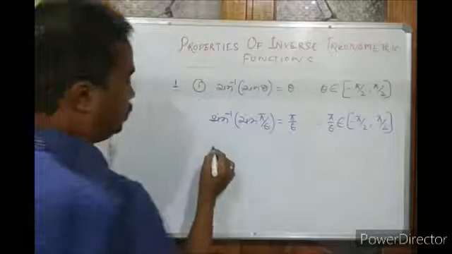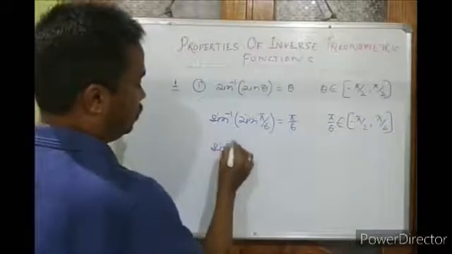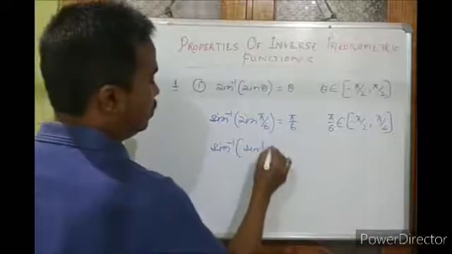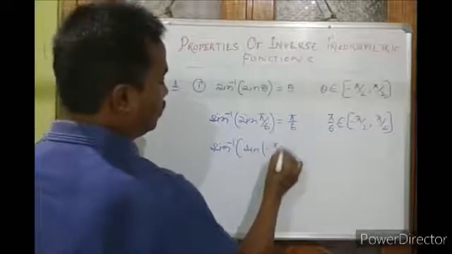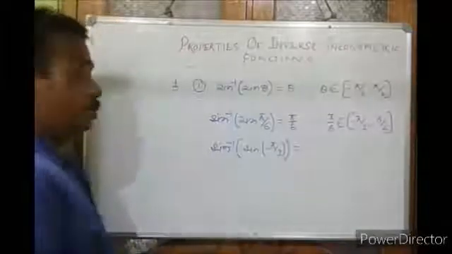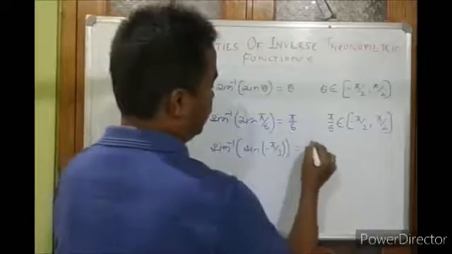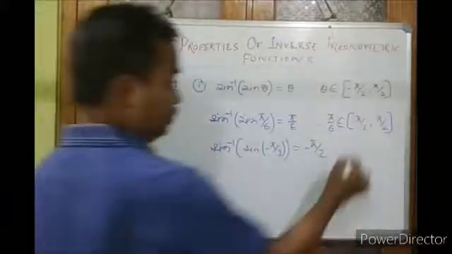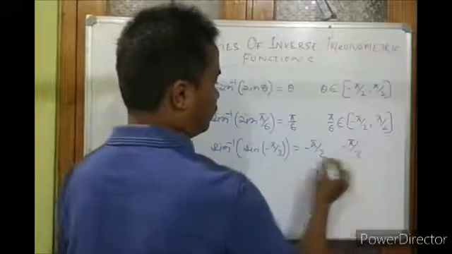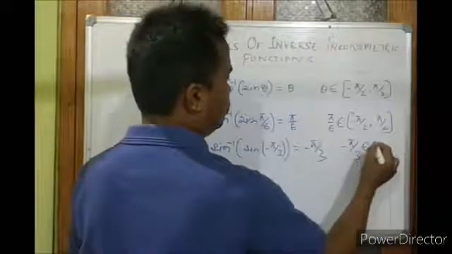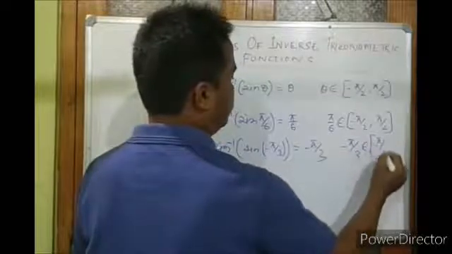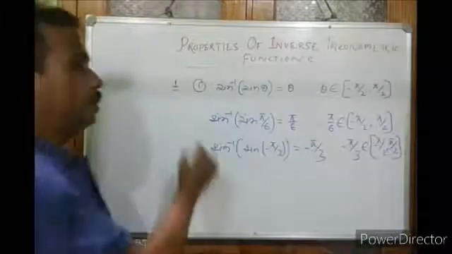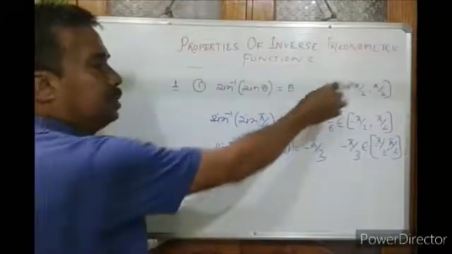Similarly, sine inverse sine of minus pi by 3 equals what? It will be minus pi by 3. Same reason, since minus pi by 3 belongs to minus pi by 2 to plus pi by 2.